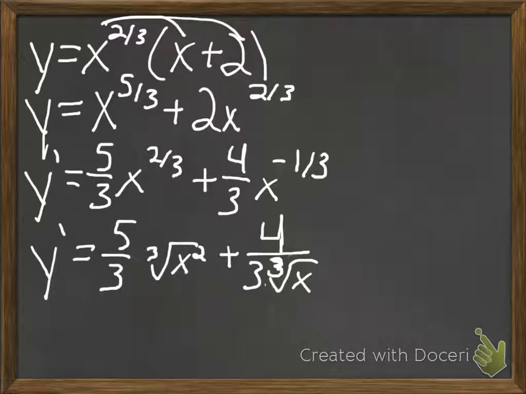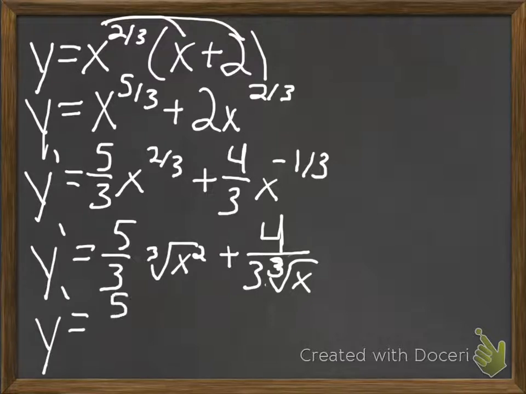So to get both parts having a common denominator, you have to add a cube root of x onto the 5/3 cube root of x squared, because when you simplify the x to the 2/3, it simplifies to cube root of x squared.